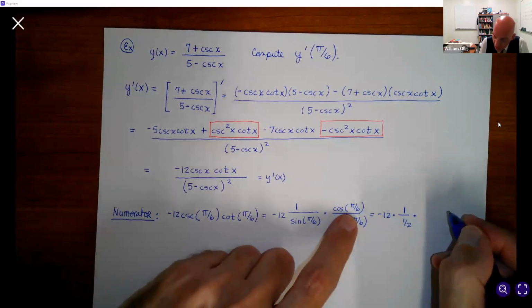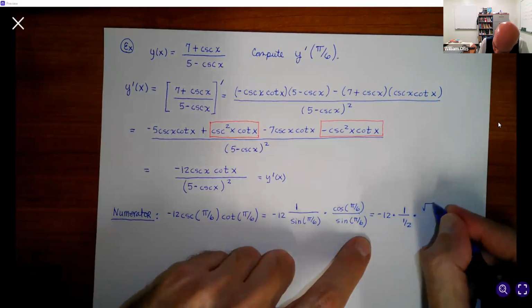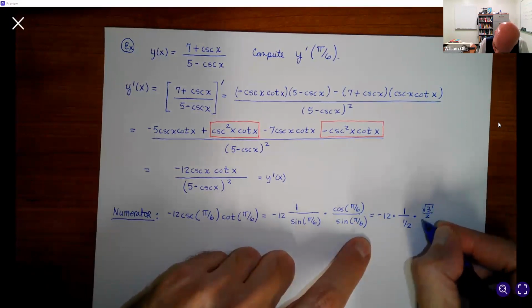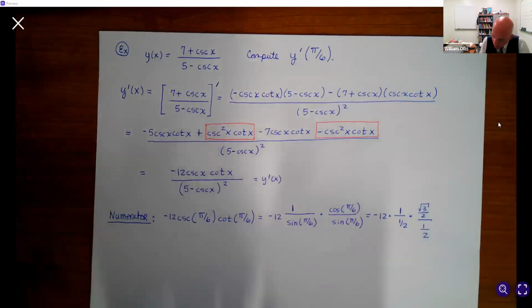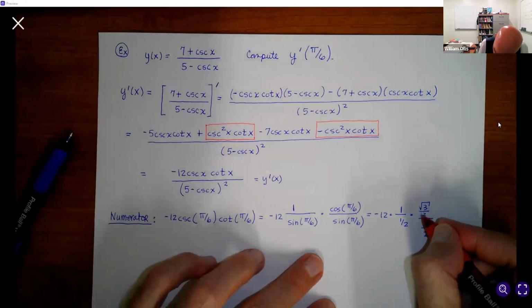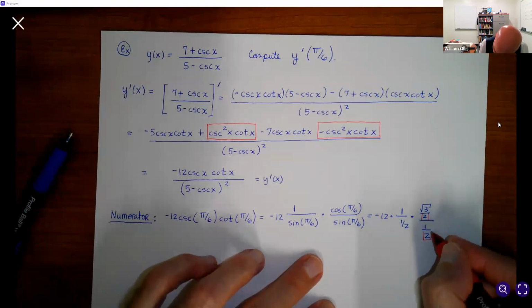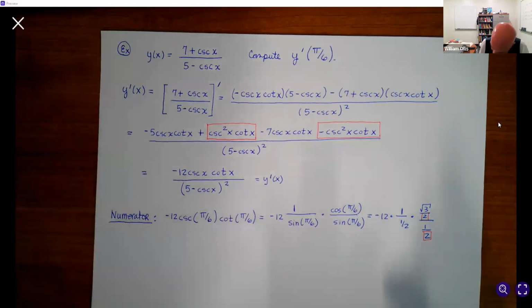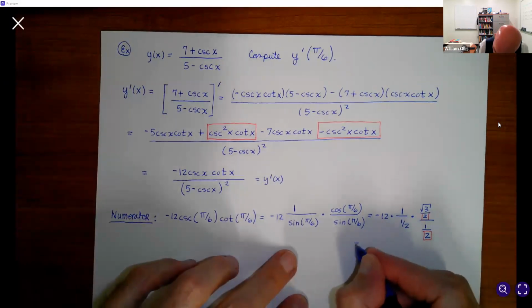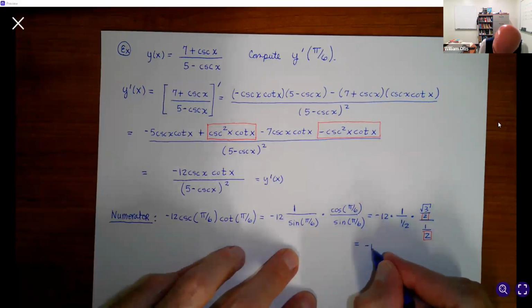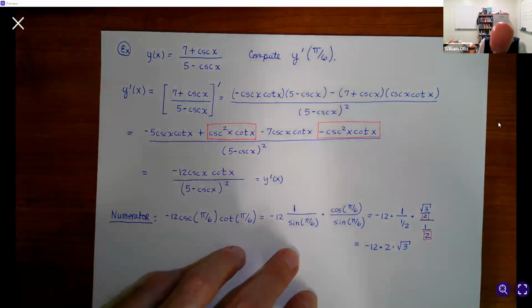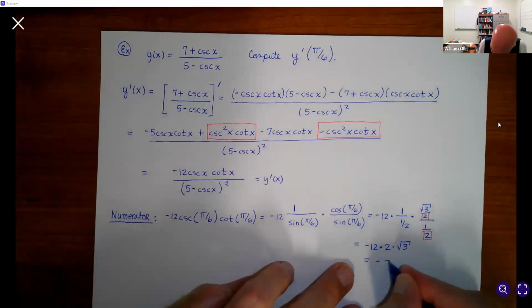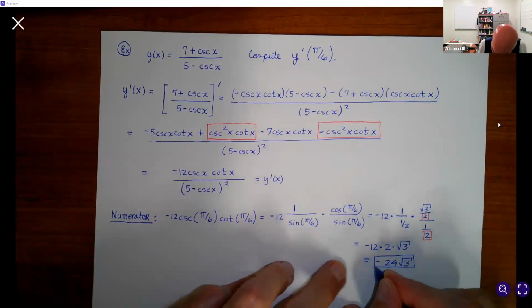The cosine of pi over 6 is square root 3 over 2. And then, of course, the sine of pi over 6 is 1/2. So now, at least writing here, the 1/2's absorbed here. So that's simple. And now we can flip up the 1/2. So that's negative 12 times the 2 times the square root of 3. So that gives us a negative 24 root 3 in the numerator. So we'll just put a box around that for now.